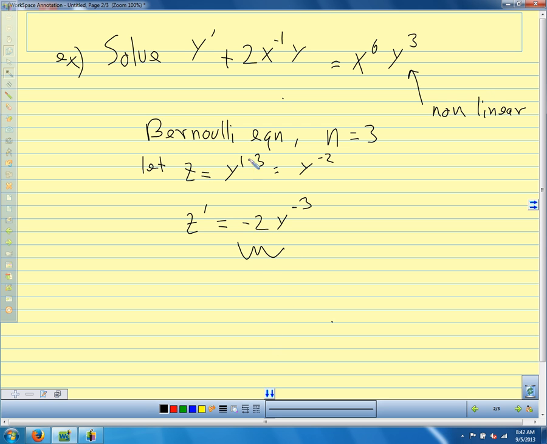Negative 2 is 1 minus n, and negative 3 is negative n. So this is (1 minus n) y to the minus n. So I find z prime. Now I'm going to multiply the entire equation by z prime.